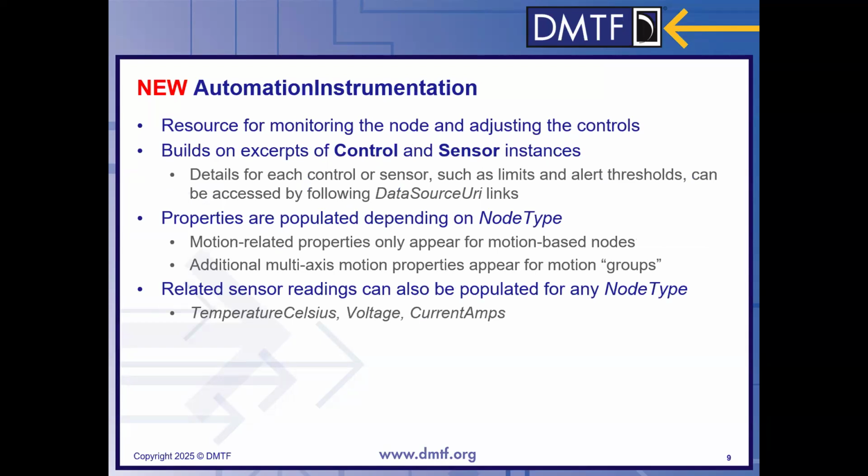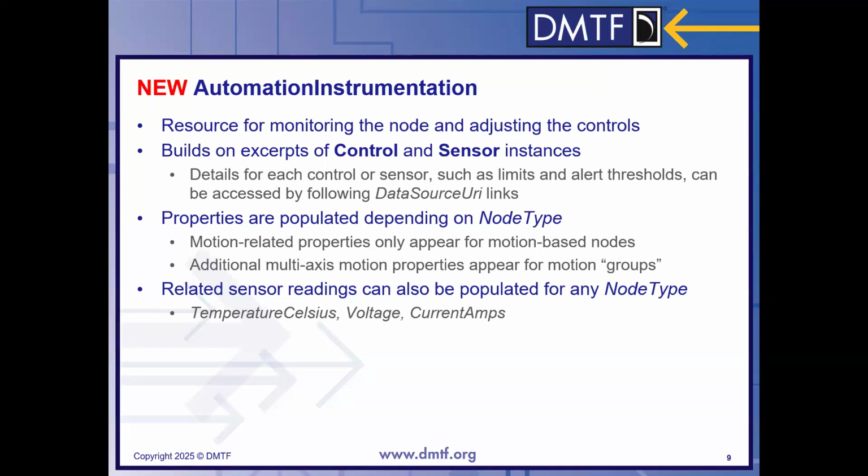Within the automation instrumentation, this gives you the lower-level sensors and controls for that type of device. And like with all of our other excerpts, if you need to get more information about that controller or sensor, you can follow the data source URI link. There are a lot of additional properties within here, and you may expect to find some based on the type of node.